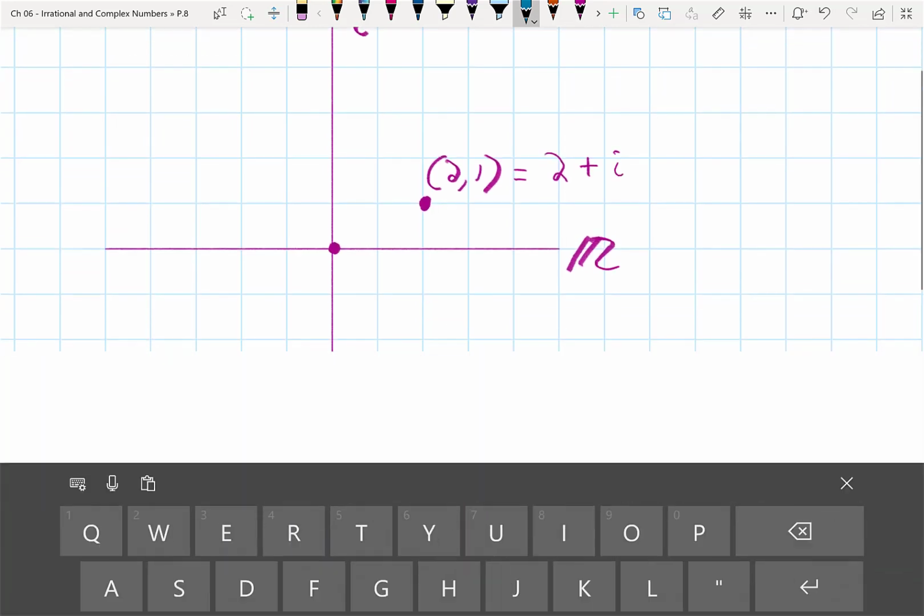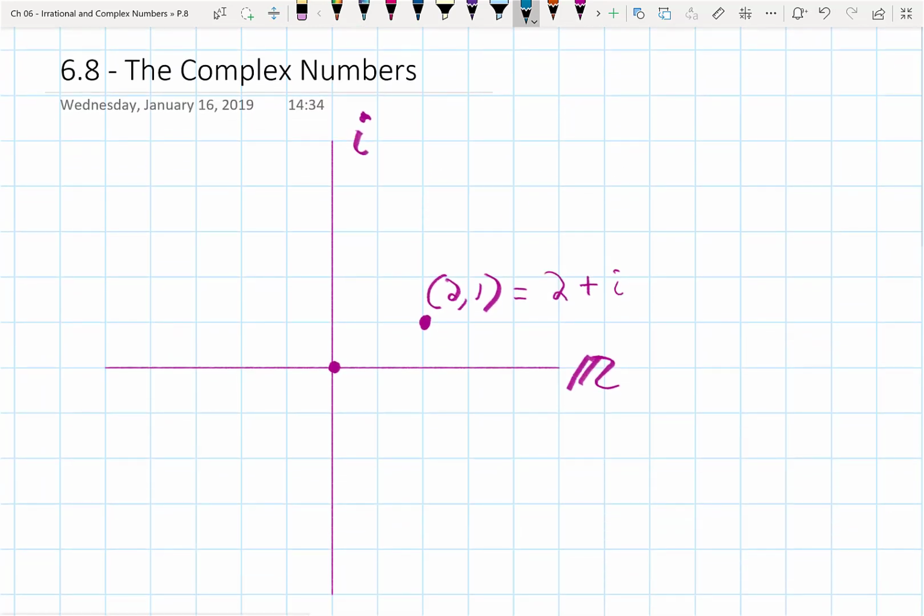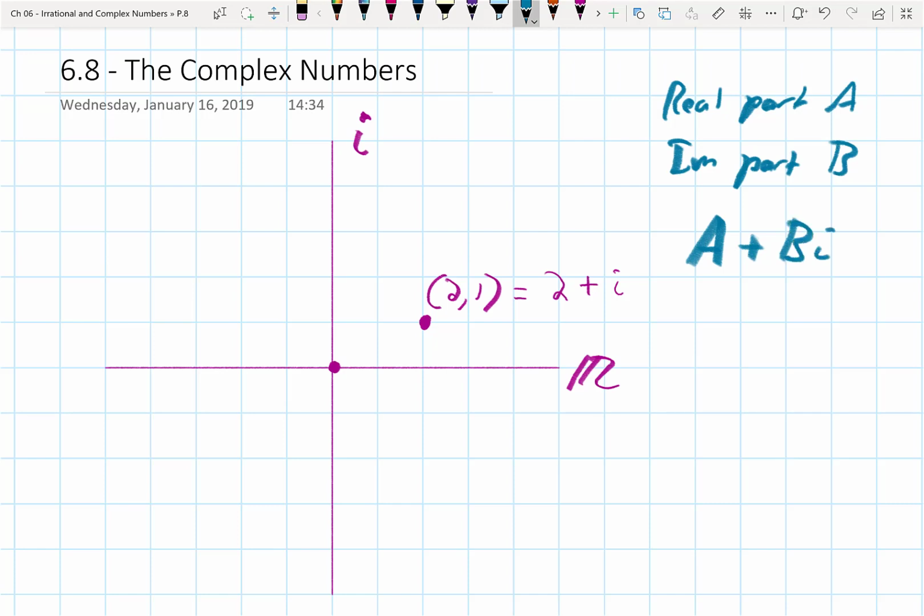This single number is made up of a real part, which we're going to call a, and an imaginary part, which we're going to call b, and all complex numbers, numbers that occur not only on the real and imaginary axis, but can occur anywhere in here, all of them can be expressed as a plus bi, where a and b can be both positive or negative.